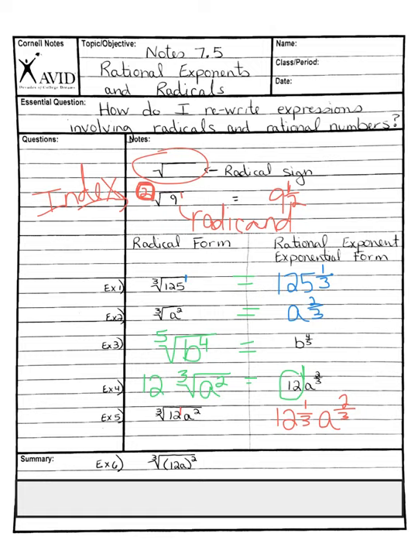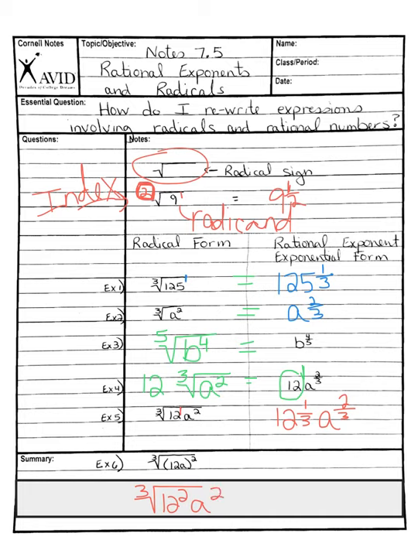And so the difference between example 5 and example 6 is example 6 has the parentheses. So that means that the entire 12 and a is to the second power. So we have a couple different ways we could write this. First of all, I'll write it down here below. We can look at it as the 12 is to the second and the a is to the second.